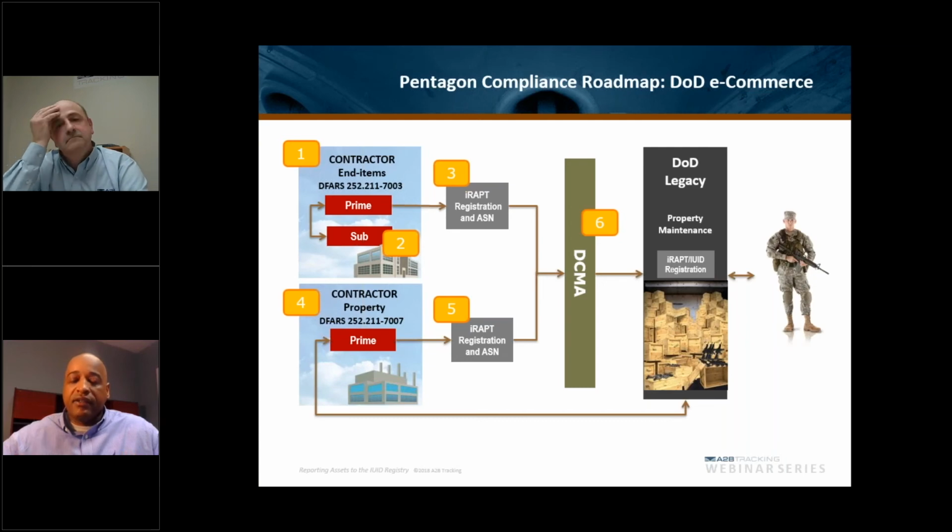They have the IUID requirement on it. Now, from a property perspective, it can be tracked efficiently. Where you get the breakdown is if you've got folks, and we've dealt with them on multiple occasions, who have a bunch of GFP that they have the marking requirement and the reporting requirement for, but they haven't been keeping up with it. And then you've got to really do some catching up, and it could be a high climb up a hill.